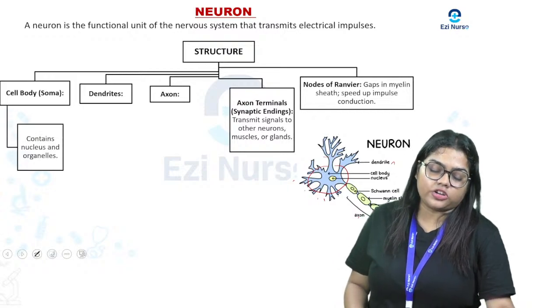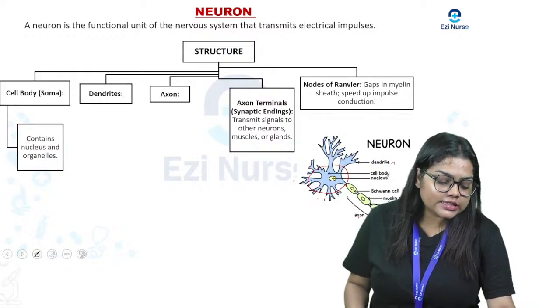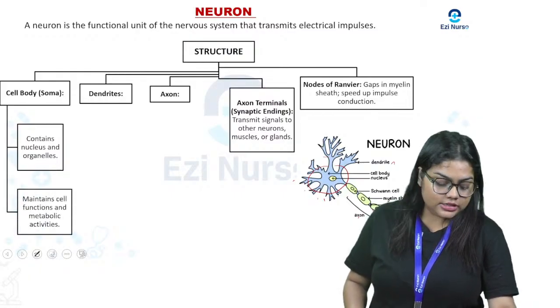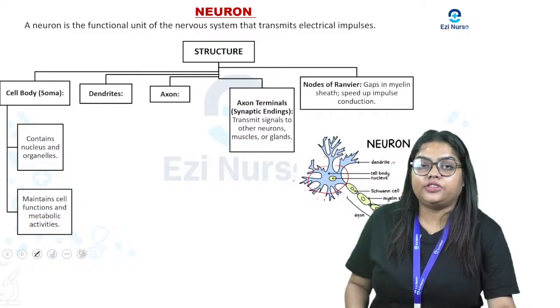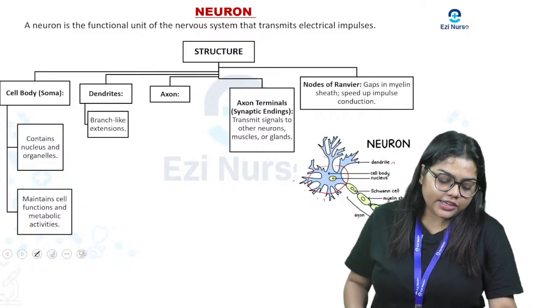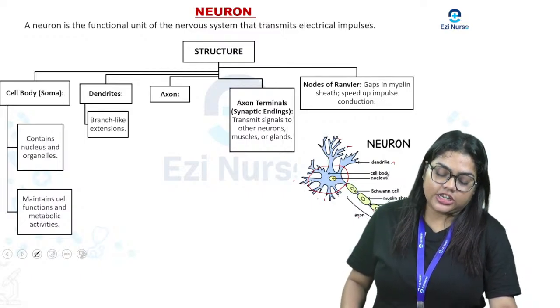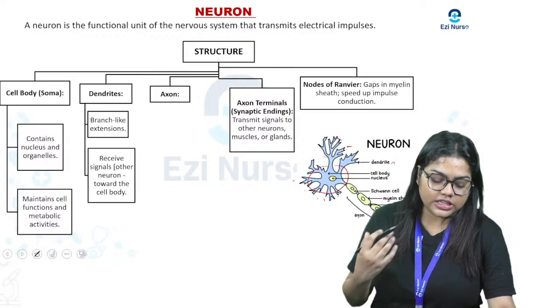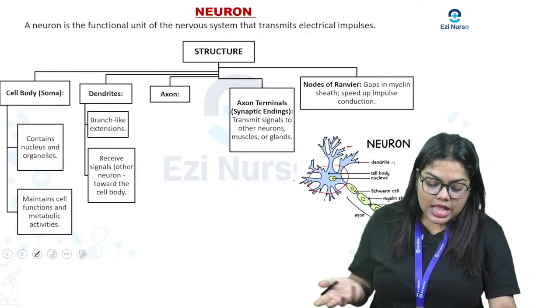So what is the cell body? Cell body is also called soma. It contains the nucleus and other organelles, which maintain the cell function and metabolic activities of the cell. Dendrites are like branches or extensions. They help receive signals from other neurons towards the cell body.